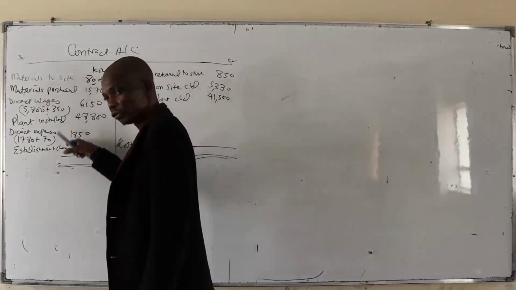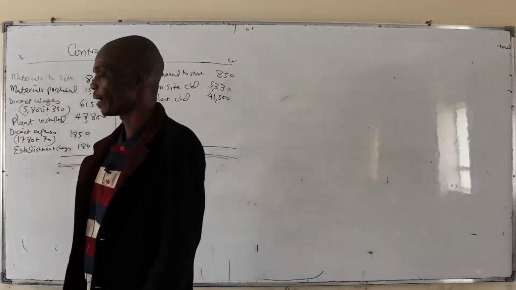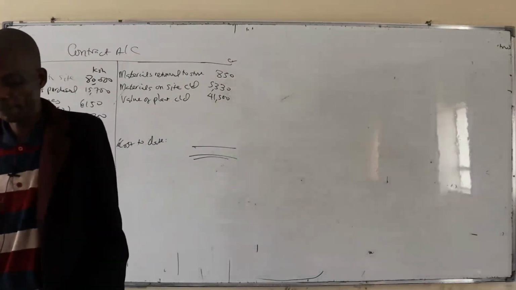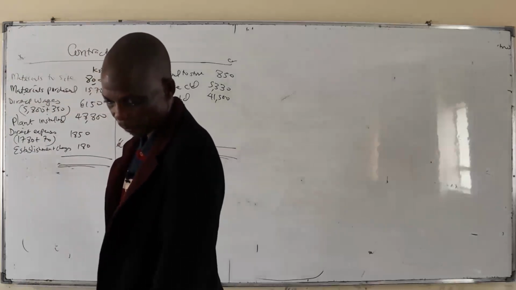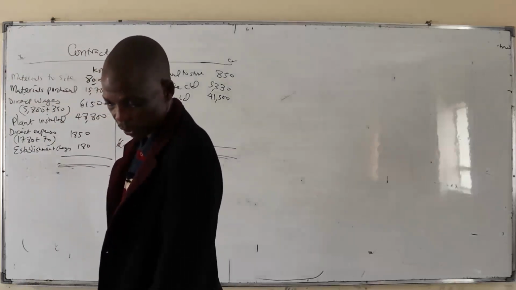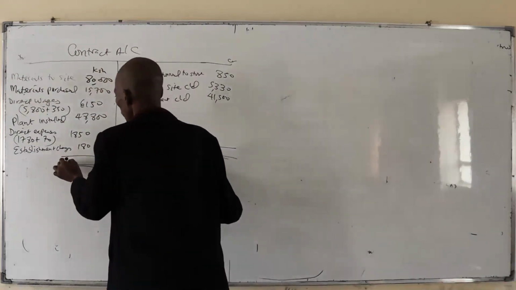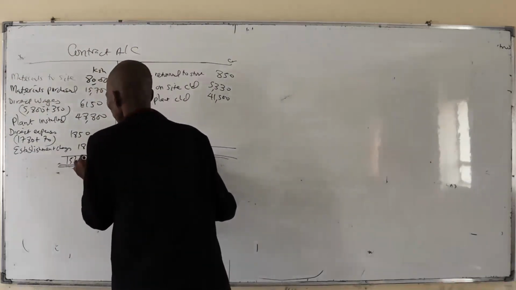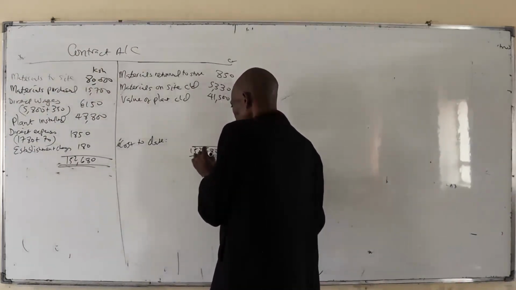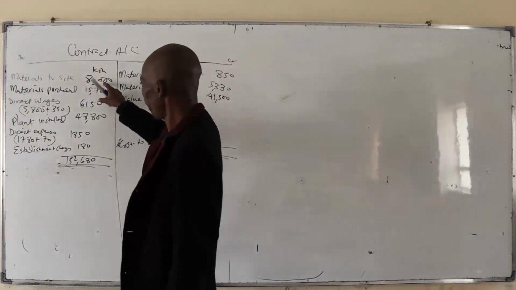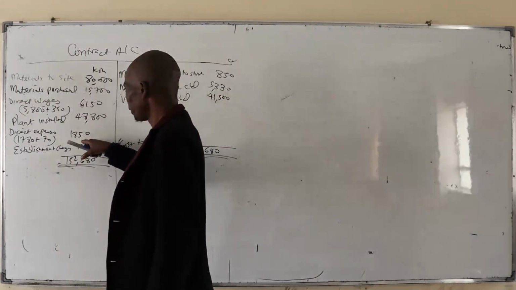So these are the costs. We subtract this, and the difference is supposed to tell us the cost that we have incurred for this contract this year, this period. The total of this is 152,680. The 152,680 is the total of 80,000, 15,700, 6150, 48,800, 1850, and 180.